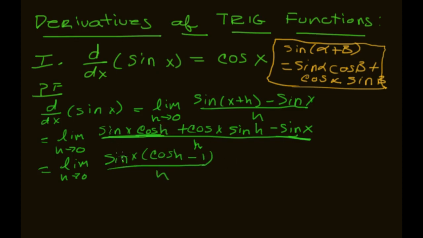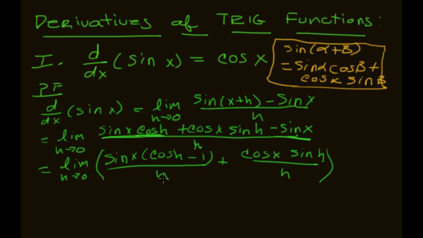Sine x times cosine h gives me this, and sine x times 1 gives me that. What's left is cosine x times sine h over h, and I'm taking the limit of all of this.